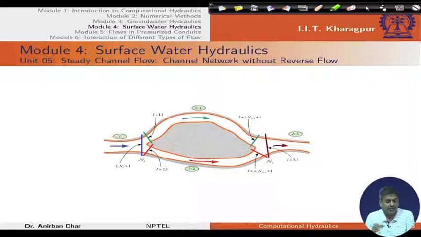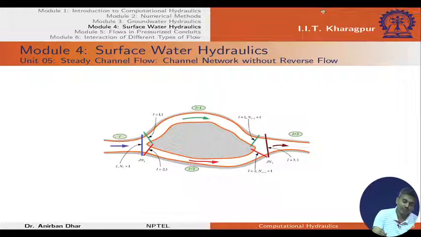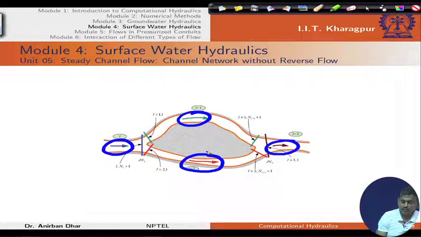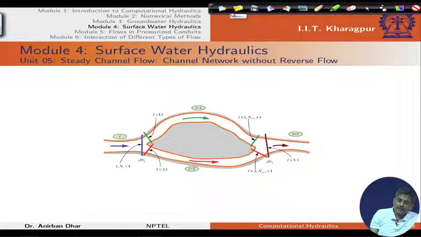Unit 5 considers the steady channel flow and channel network without reverse flow. If we know the flow direction, we can directly solve our problem by specifying the flow direction, and we have also used Scilab for writing codes for this one.